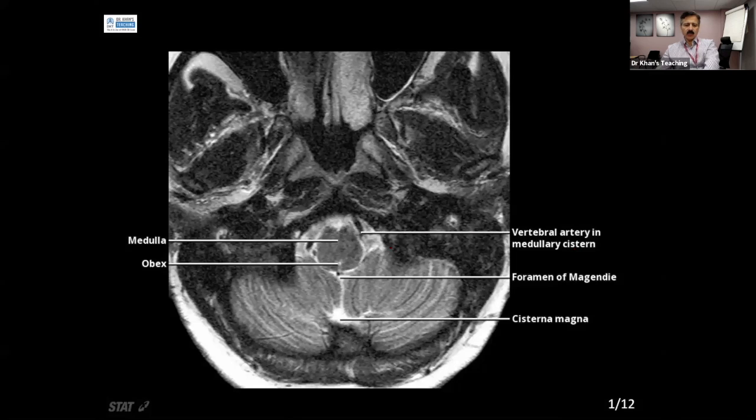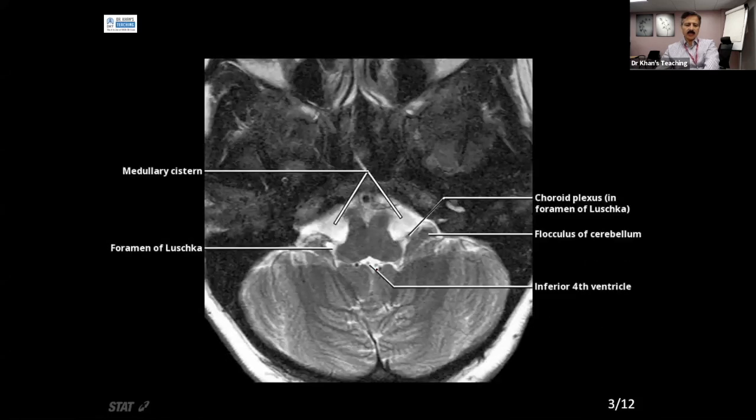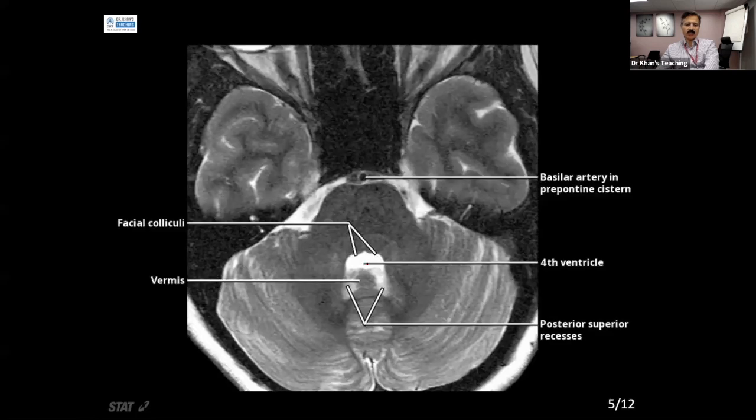So we are going through the ventricles here. So this is the cisterna magna, and the fourth ventricle is here. One thing which I want you to note is that this is the vermis, and it is causing this indentation posteriorly into the fourth ventricle.